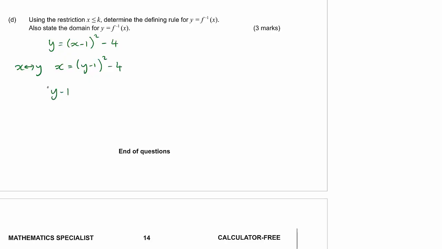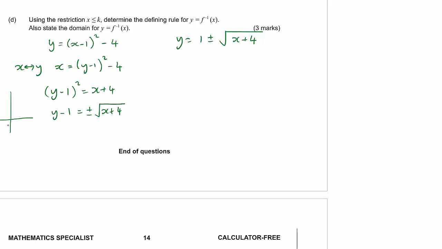So (y minus 1) all squared is equal to x plus 4. So y minus 1 would be plus or minus the square root of x plus 4. So y is going to be 1 plus or minus the square root of x plus 4. We need to make a decision as to whether it's the plus or the minus. Now, since we went on this side, is that going to make a difference to us?